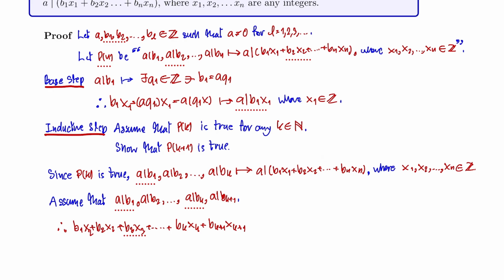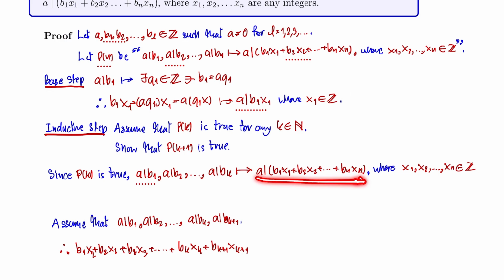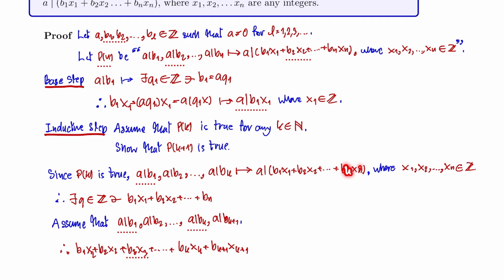So I forgot to write the divisibility. There exists q, which is an integer, such that b1x1 plus b2x2 and plus all the way to bkxk. Sorry for my mistake, this should be k, not n.